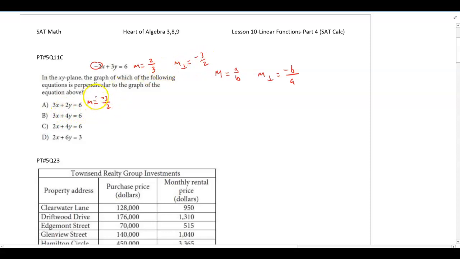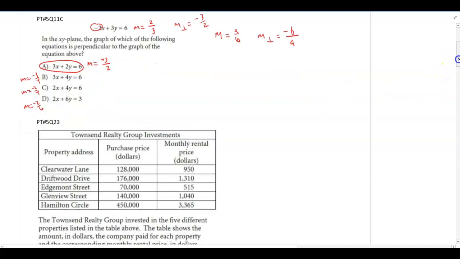Does that match up? Yep. So it'd be letter A. If I go and find the rest of the slopes, this slope would be negative 3/4. The slope of this line would be negative 2/4 or negative 1/2. And the slope of this line would be negative 2 over 6, which reduces to negative 1/3. None of those work.